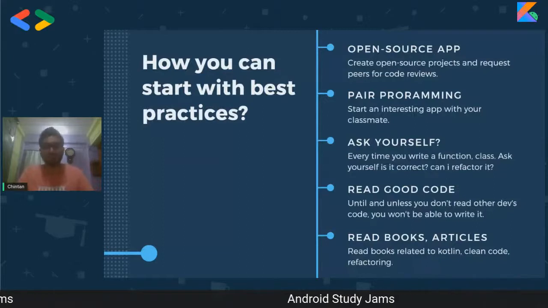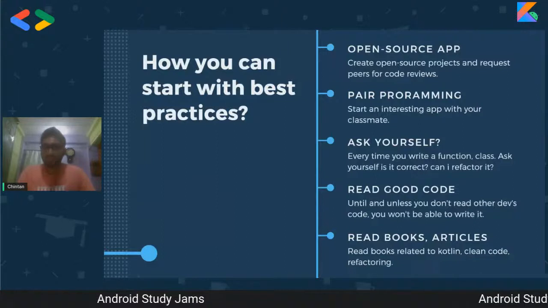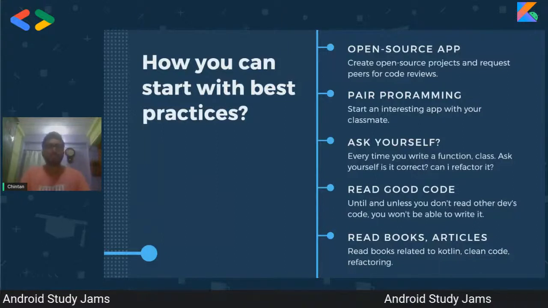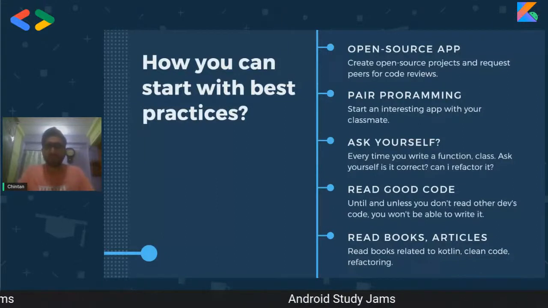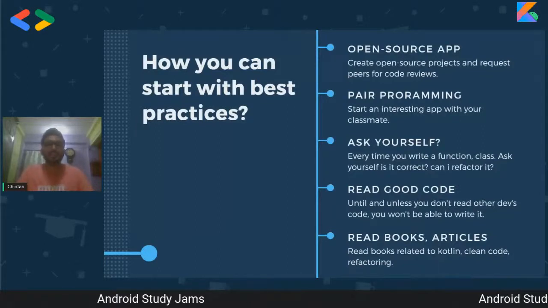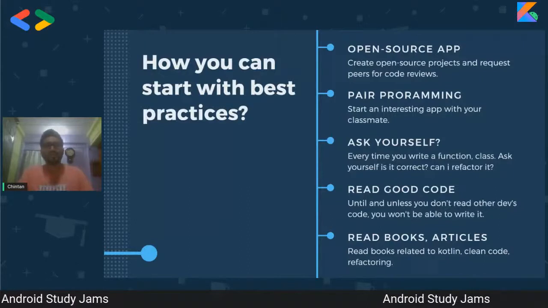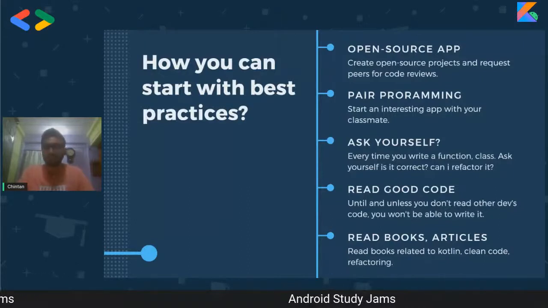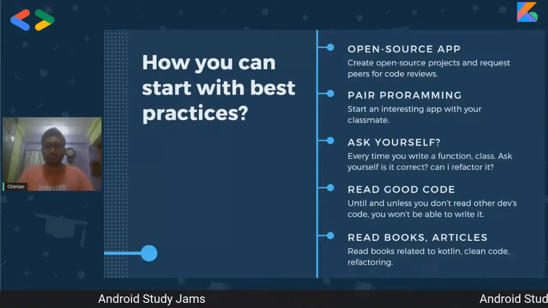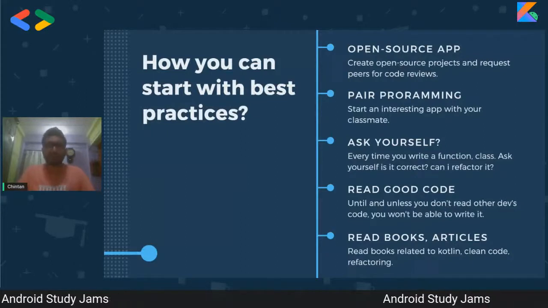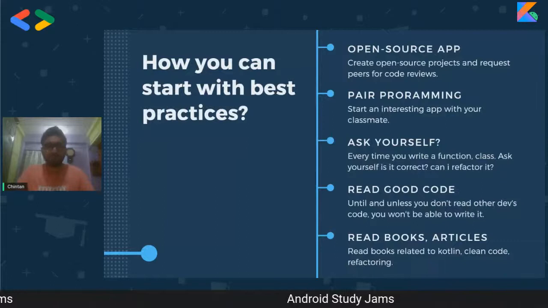So I always recommend starting with an open source application, then doing pair programming. Since you are working on a small project, you may not have any teammates or colleagues, so you can ask a friend who has the same kind of interest, or likes coding just like you, to join your pair programming session and start coding together.